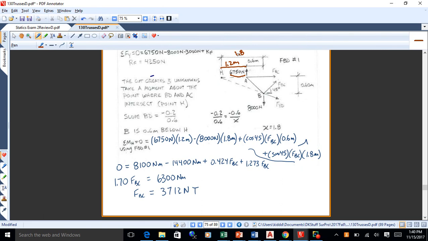So I'm going to have 6750 times 1.2, and that'll be counterclockwise. And then I'll have this 8,000 times 1.8. That'll be clockwise, negative.